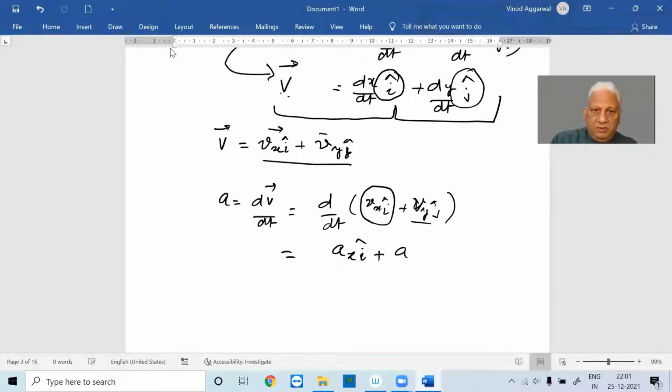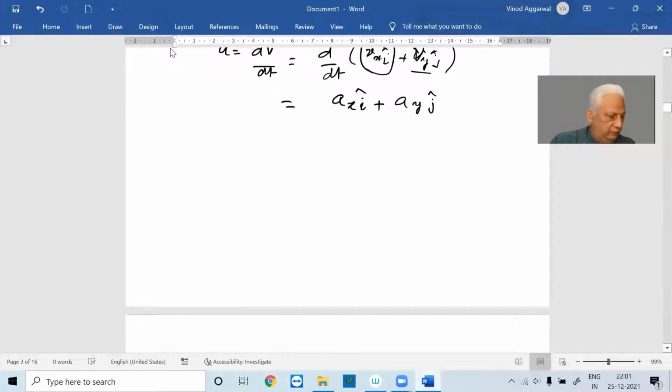Similarly, this will become ay j. Okay. So if we write in component form, we can summarize this like this.